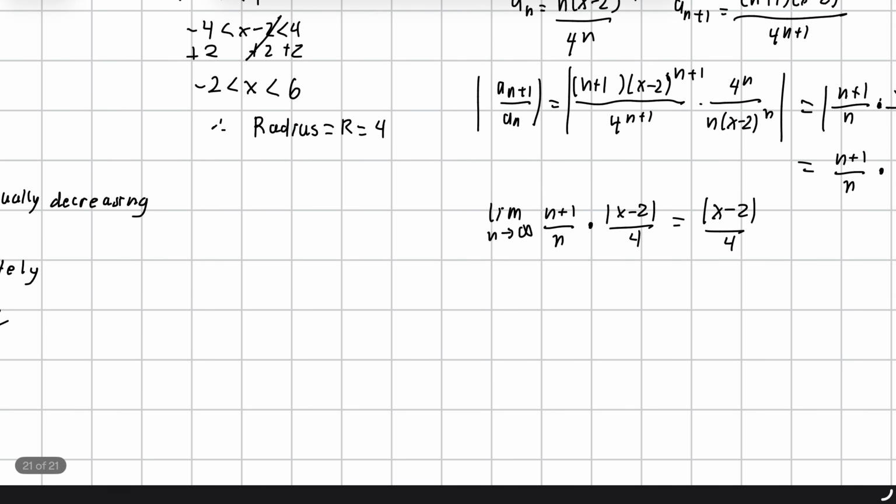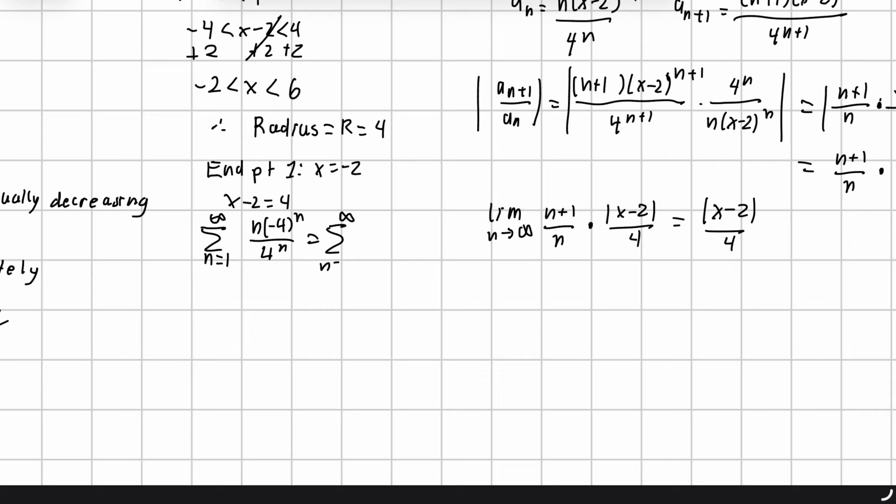Now we're going to check our endpoints. Endpoint 1 is x equals negative 2. We sub in x equals negative 2, so x minus 2 is equal to negative 4. So we have the series from n equals 1 of negative 4 to the power of n over 4 to the power of n, which is the series of negative 1 to the power of n.